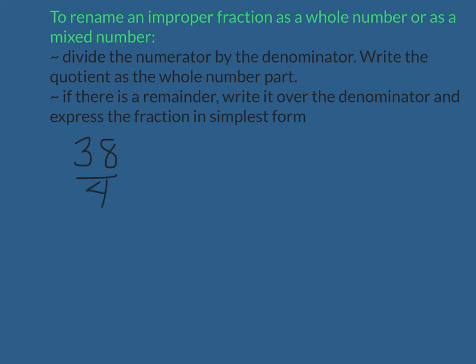So we're going to divide 38 by 4, and we get 9 here. 9 times 4 is 36. We have 2, so it's remainder 2. So now we've divided it, now the quotient is our whole number. So 9 is the whole number.